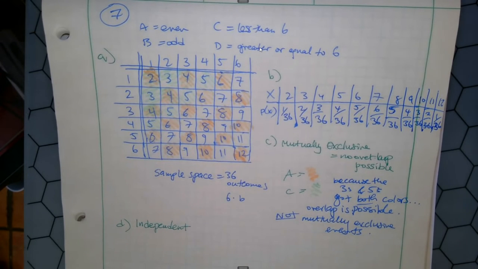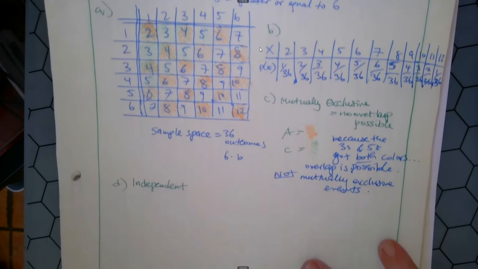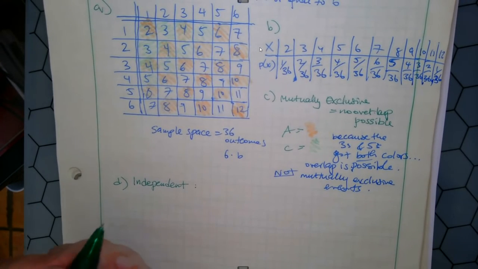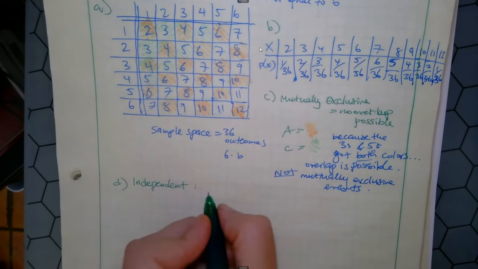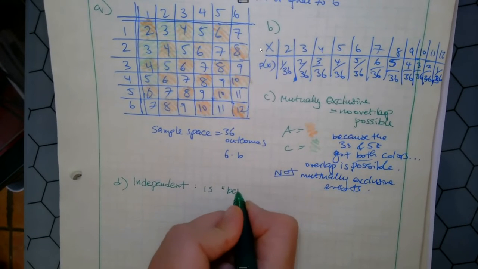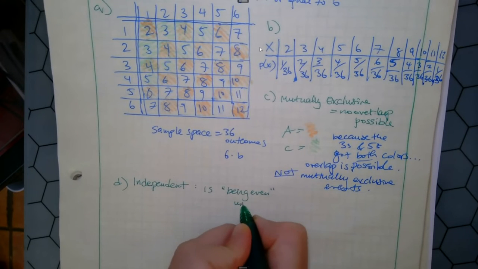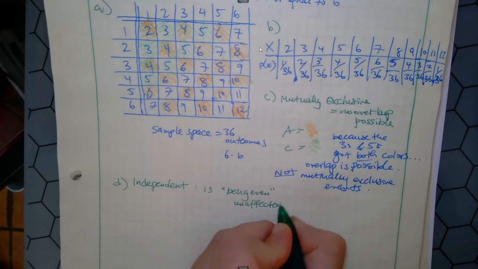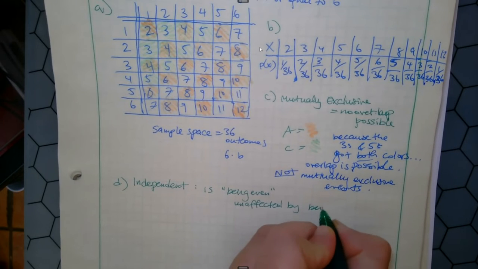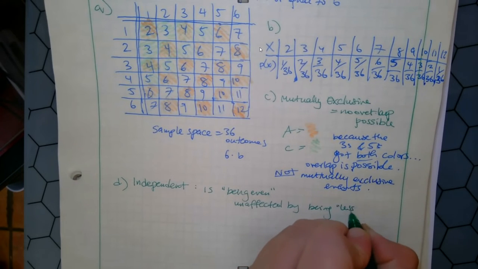So is the chance of being even independent, unrelated, no effect on the chance of being less than 6? So there's two ways to do independence numerically. You do it conceptually as well. So is being even unaffected by being less than 6?